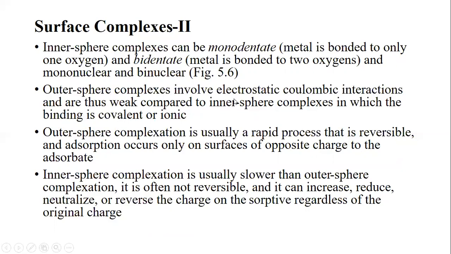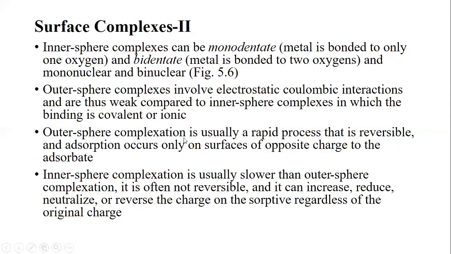Because what are the forces that hold them together? Electrostatic coulombic interactions between positive and negative. These are simple charge attractions, okay, and are thus weak compared to the inner sphere complexes, in which what holds them together is covalent or ionic bonding, which is very strong.